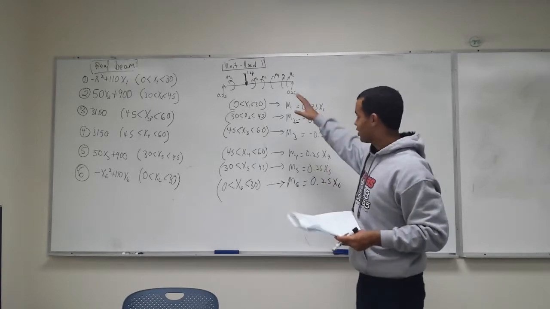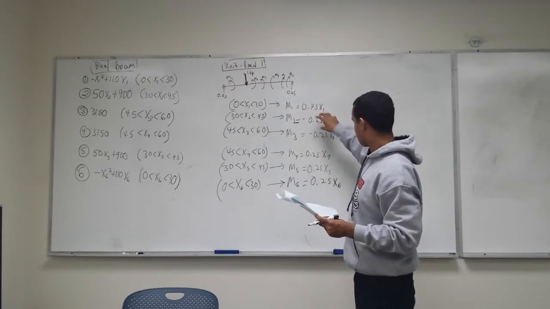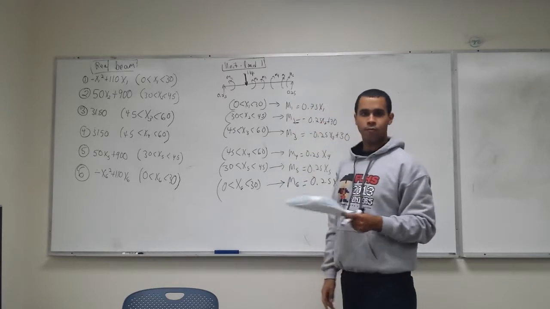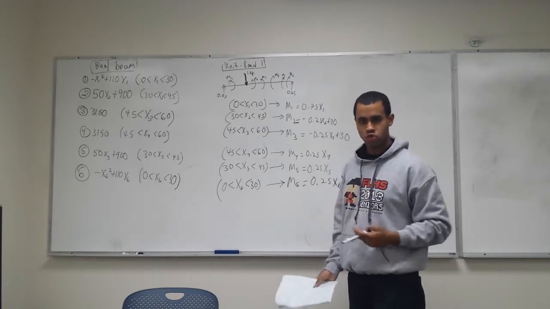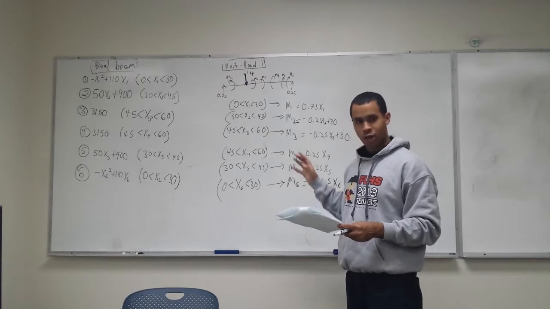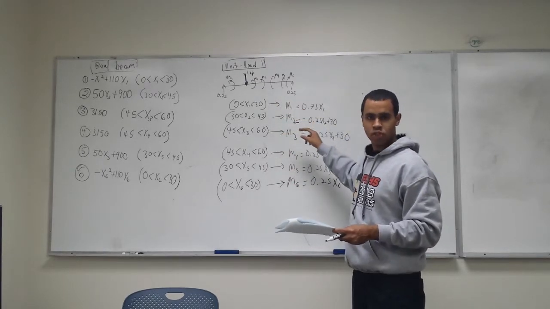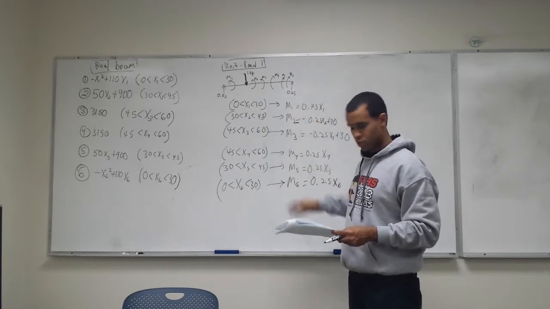The reason I did not explain how each thing broke down exactly is because from previous videos and previous examples, it's been gone over how to obtain each portion of each moment.